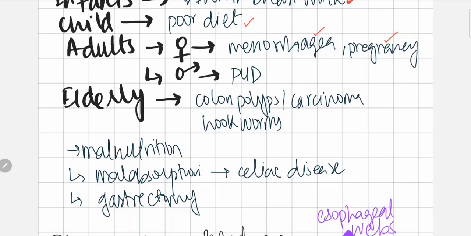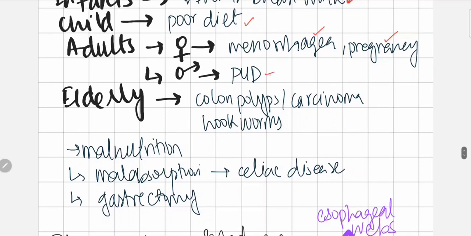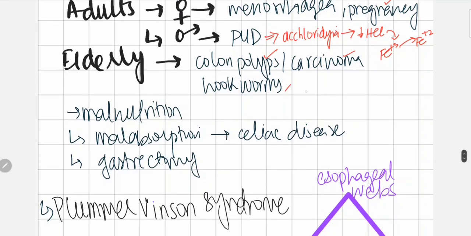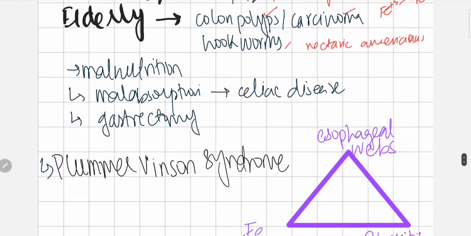And in males, it's going to be peptic ulcer disease, and in peptic ulcer disease, we know that there is achlorhydria, and in achlorhydria, we have decreased HCl. And of course, we need HCl to convert Fe+3 into Fe+2. And then we have the elderly. We can have polyps or carcinoma, and of course, hookworms like Necator americanus, or the other hookworms.